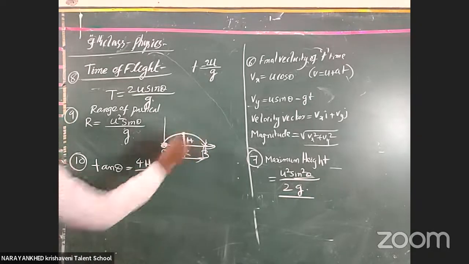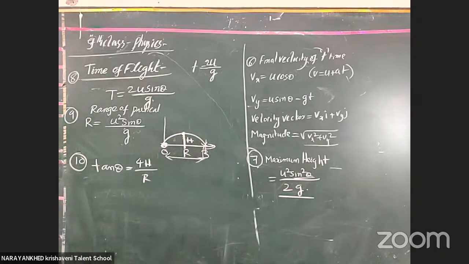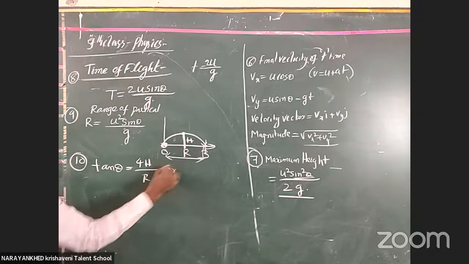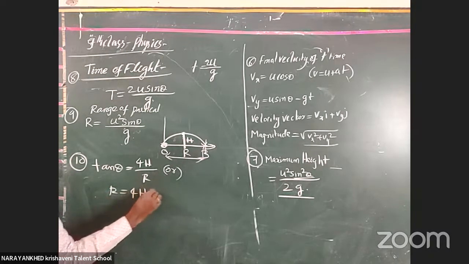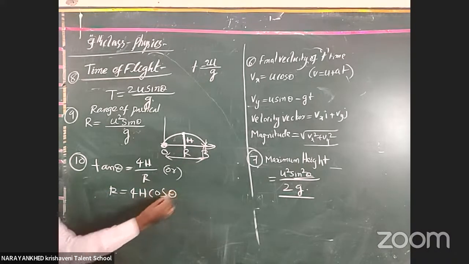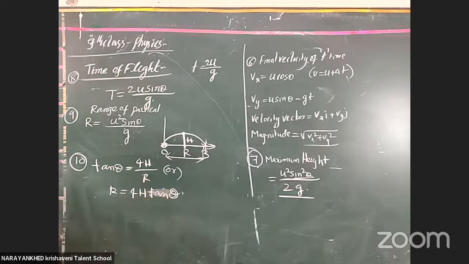This is the maximum height. R here is the range. One more equation is also there: R is equal to 4h by tan theta. This is the information we are considering.